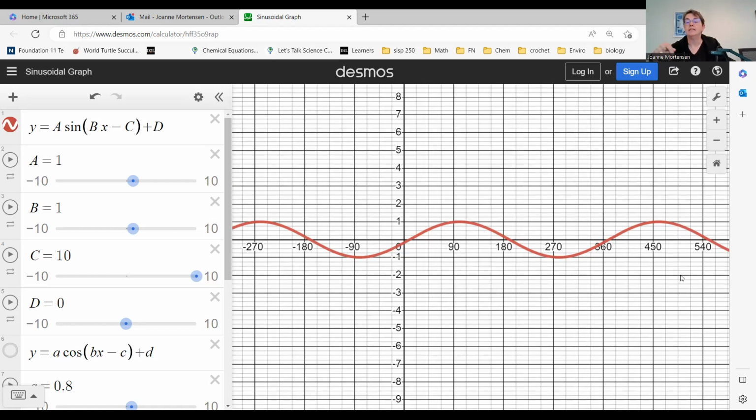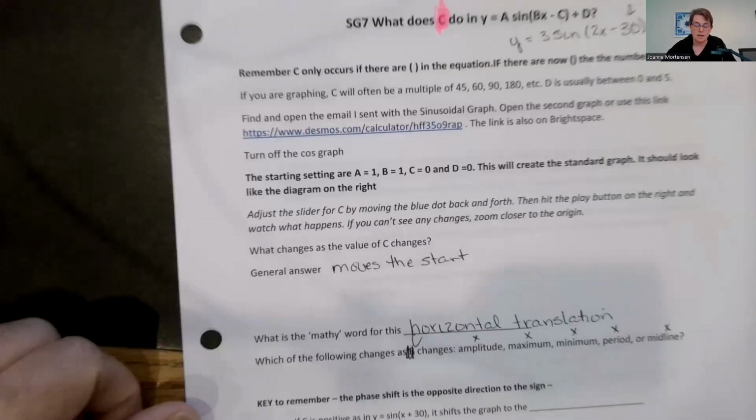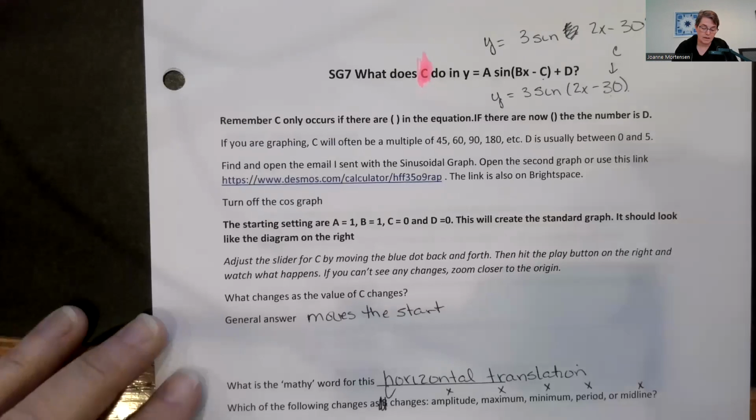In other words, you can imagine if I put it on a piece of, I'm going to be really old here, acetate, like on an overhead, and I was just shifting the paper back. It's not changing my shape, it's just shifting where the start is. All right, going to flip back to the document camera. So what does C do?